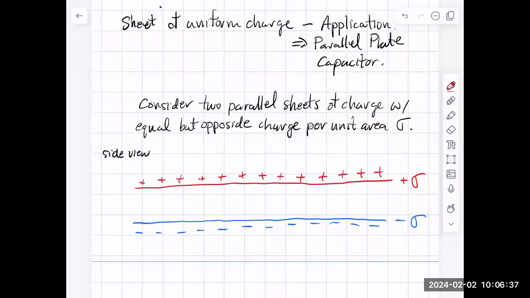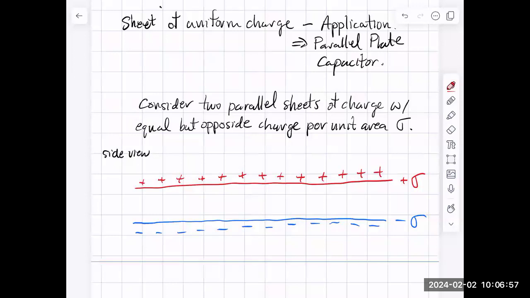Okay, so what I'm going to do is draw the electric fields due to these sheets of charges. And the way we're going to think about it is, we'll first imagine that only the positive sheet is in place, and we'll draw what its electric field is.